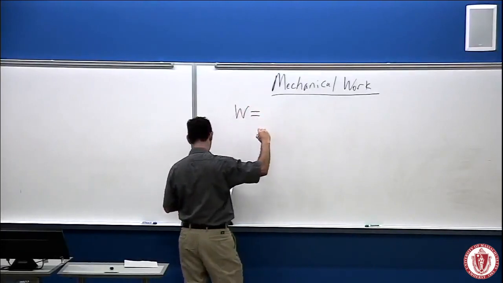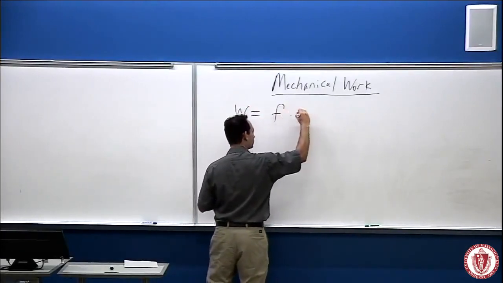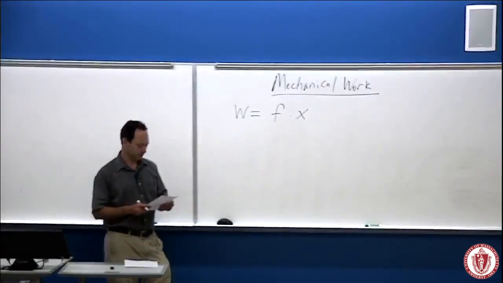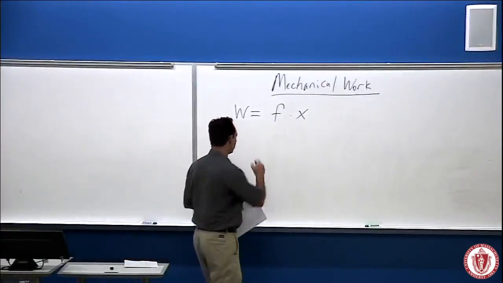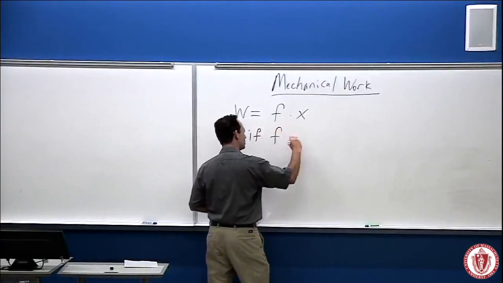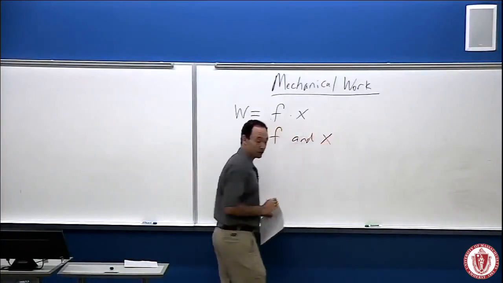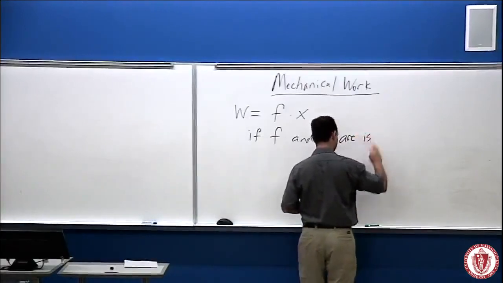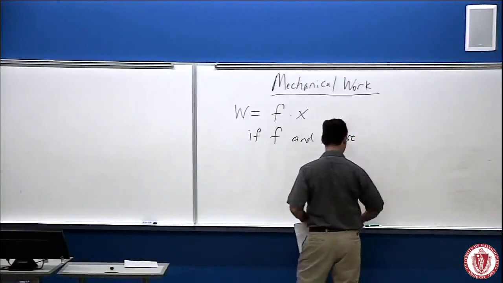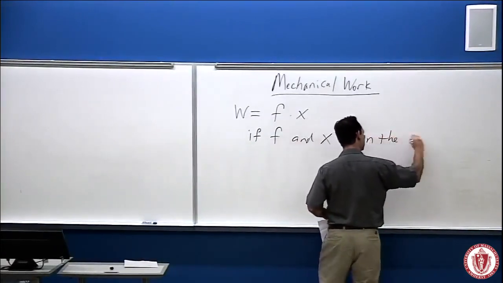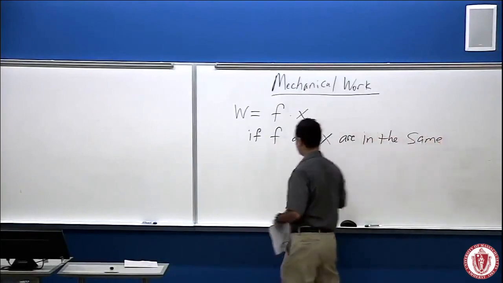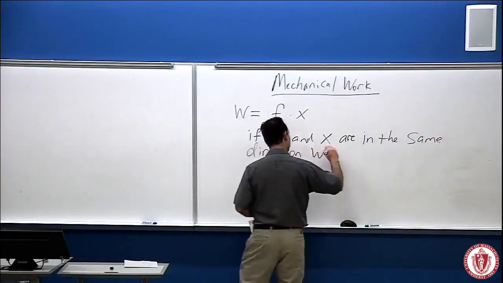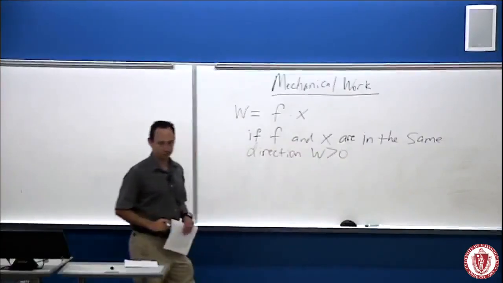Work is equal to force times a displacement x. And if the force and the displacement are in the same direction, then the work is greater than 0.